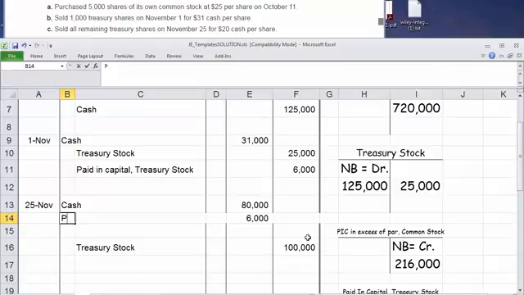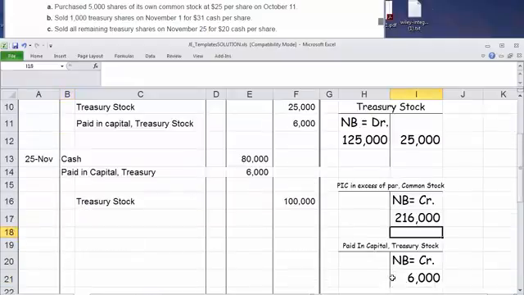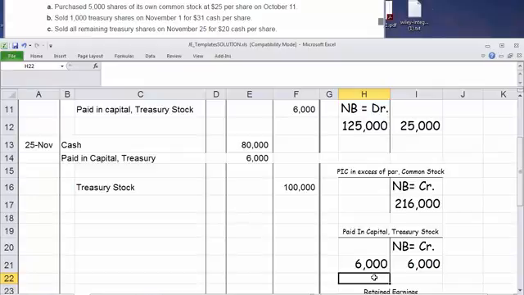So we'll debit paid in capital from treasury stock. That will bring our balance to 0 for the paid in capital from treasury stock. But you'll see we only have 86,000 on the debit side total, and we have 100,000 on the credit side. So we're out of balance.